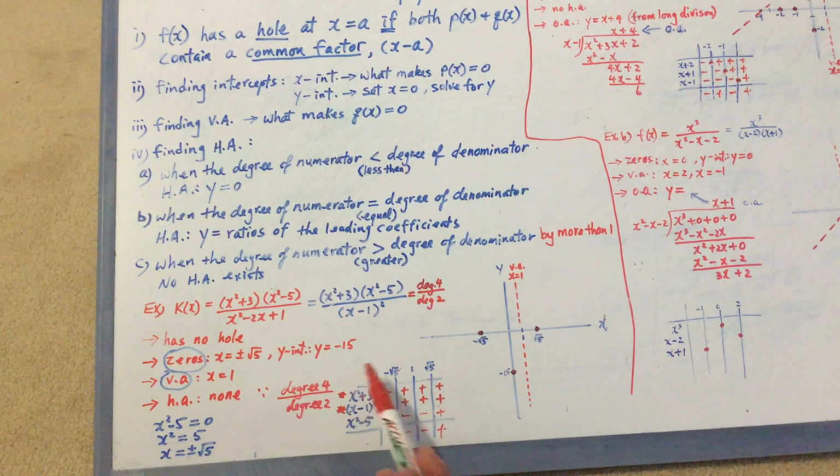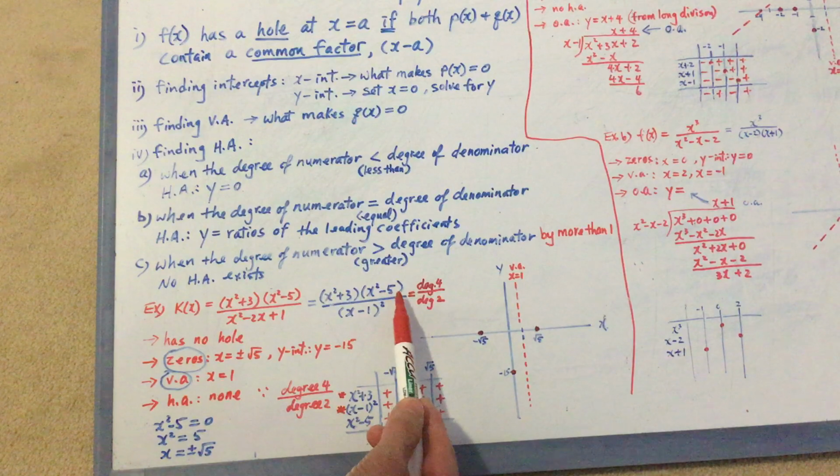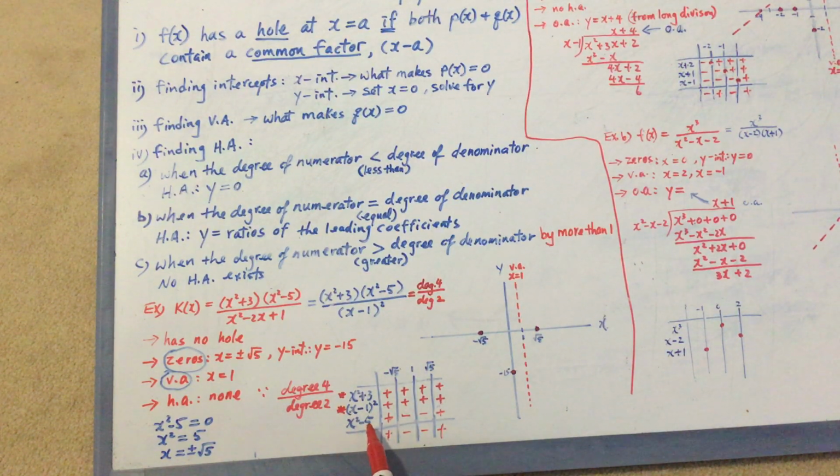So for the factor table, in fact, I should only put in x squared minus 5. Now, for x squared minus 5, it's difficult for us to see where I get plus, minus, minus, plus from. For this particular example, you have to sub in a value.